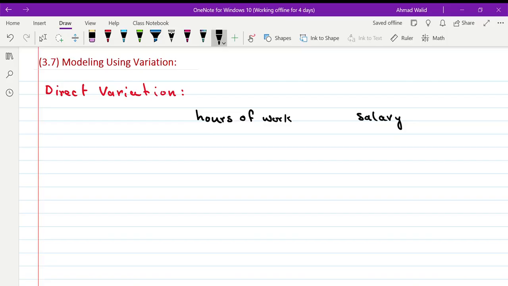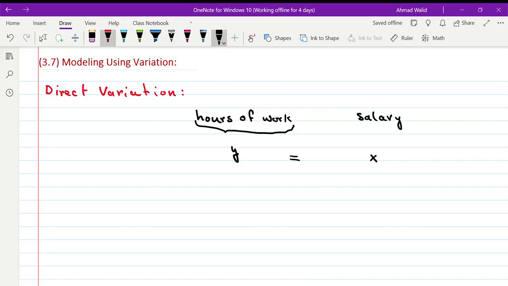we call the relation between these two quantities a direct variation. In general, if I name, for example, the number of hours or time y and my salary x, the relation between these two quantities is direct. Then I can write y equal x.